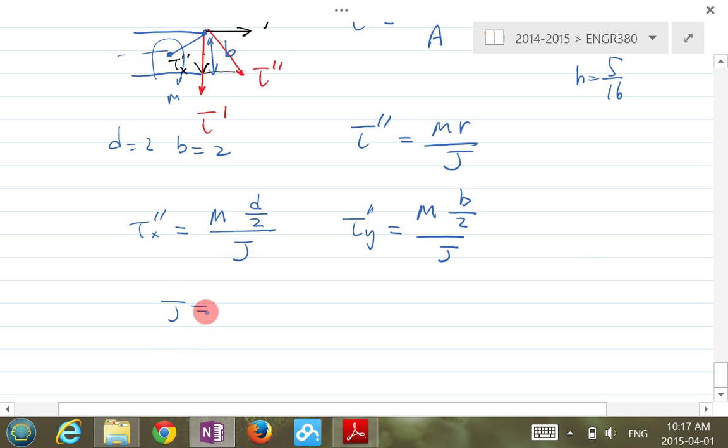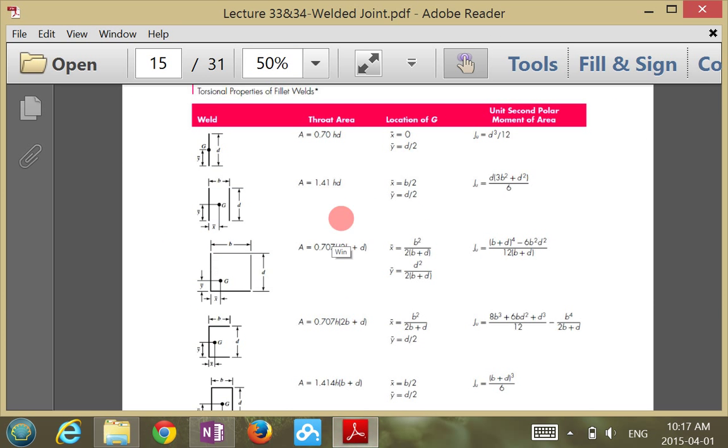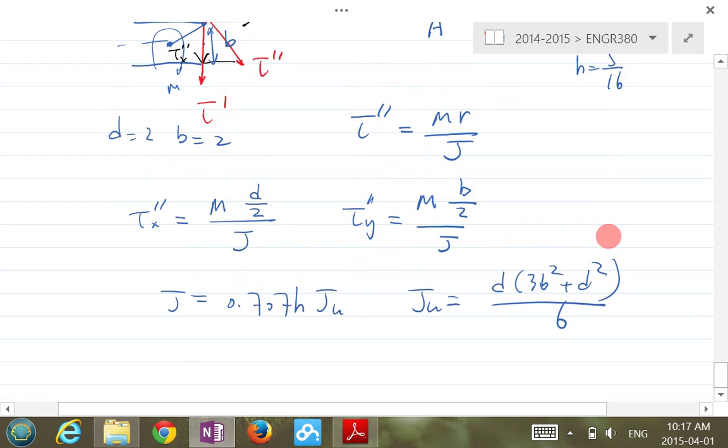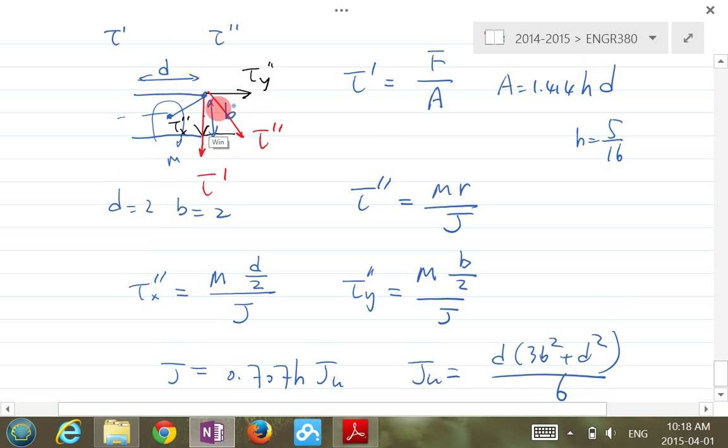And J is 0.707 H times JU, and JU from the table is this quantity: D times (3B squared plus D squared) over 6. Okay, that's JU. So now you get your tau x double prime and tau y double prime, and you have your tau prime.